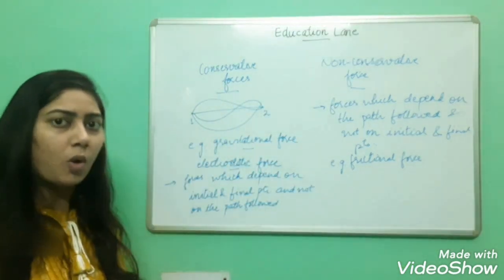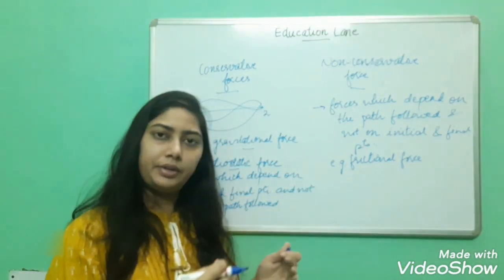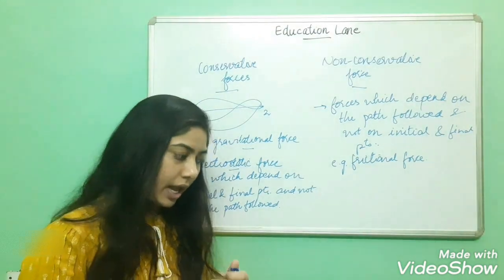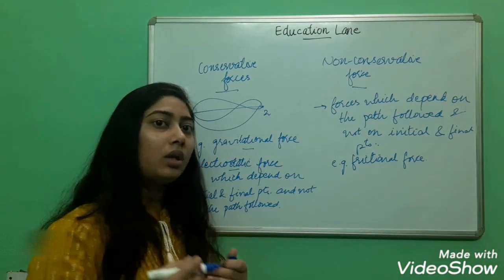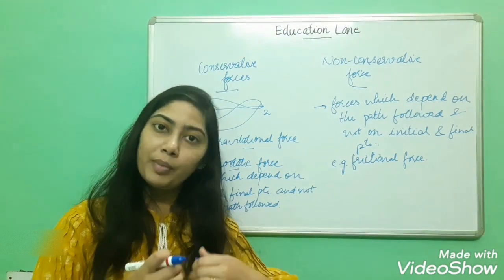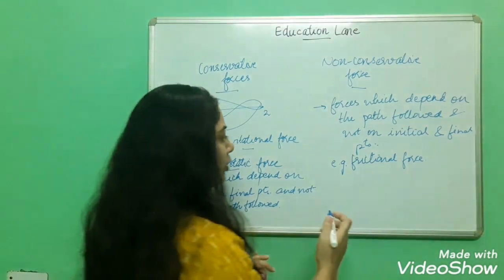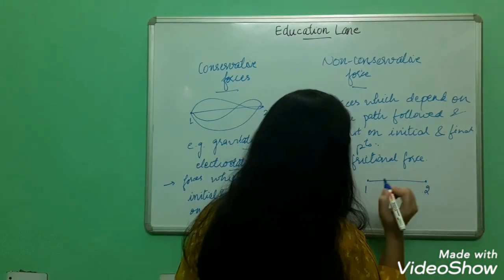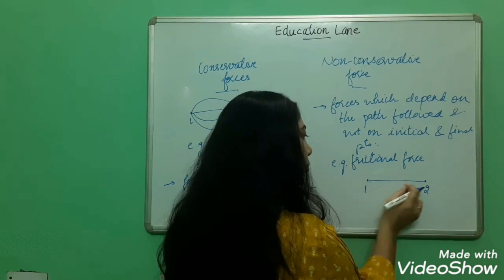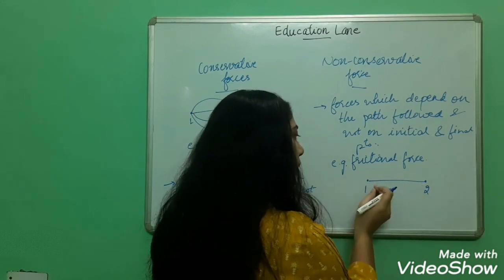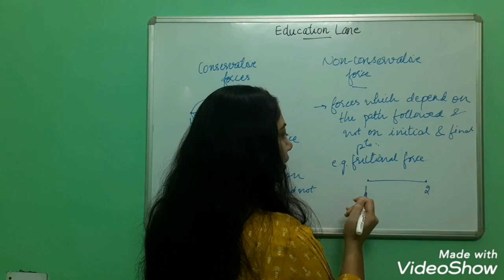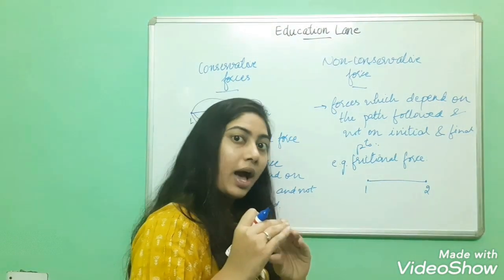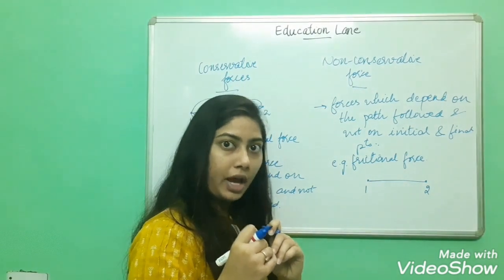Frictional force always acts opposite to the direction of motion, and it depends on how much distance is traveled, how much path is traveled. For example, from point 1 to 2, if I travel straight, my frictional force will depend upon path, because frictional force always acts on the surface of contact.